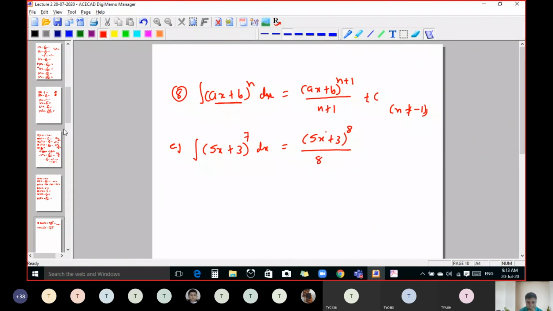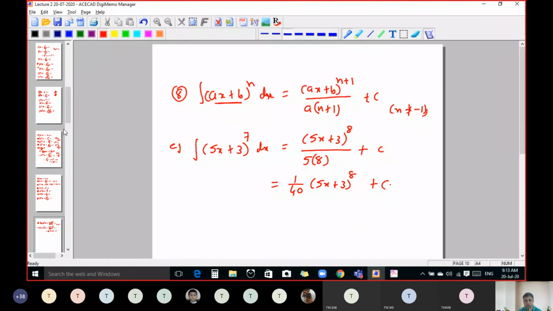But listen, here if the coefficient of x is a, then you have to write a times n plus 1. Here the coefficient of x is 5, so we have to write 5 times 8 plus c. So ultimately the answer is 1 divided by 40 into 5x plus 3 raised to 8 plus c.